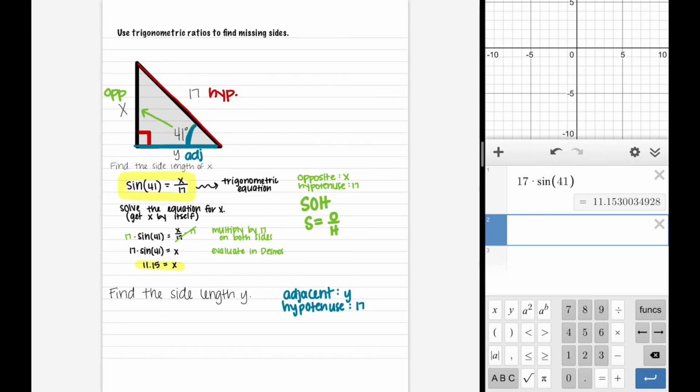Okay, so adjacent and hypotenuse is cosine, CAH, which is cosine is adjacent over hypotenuse. Now we can set up that trigonometric equation. Okay, so the cosine of angle 41 is the adjacent side, which is y, over the hypotenuse, which is 17.